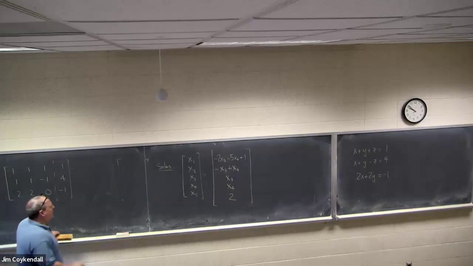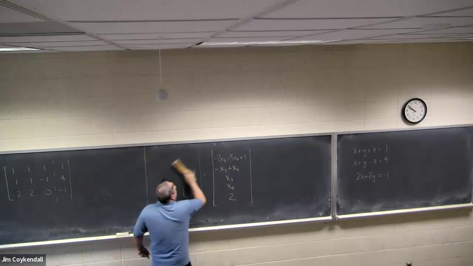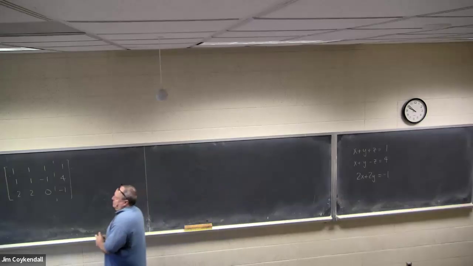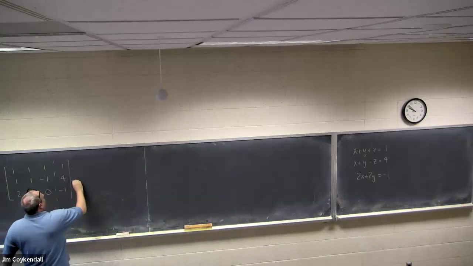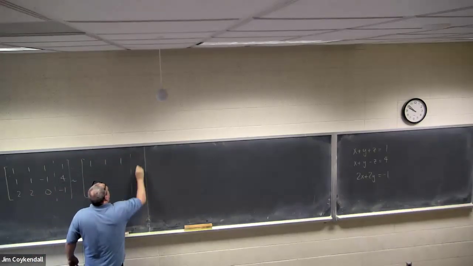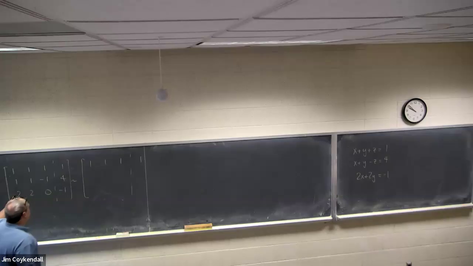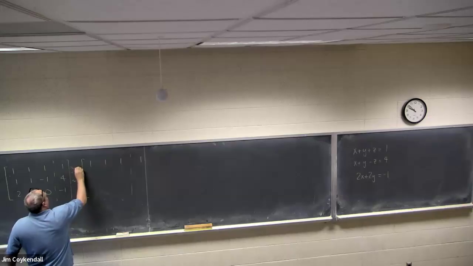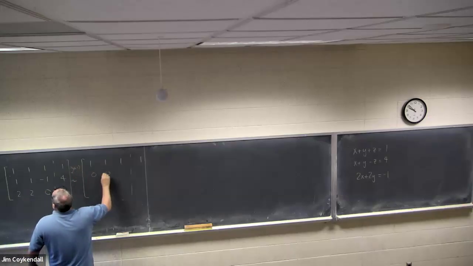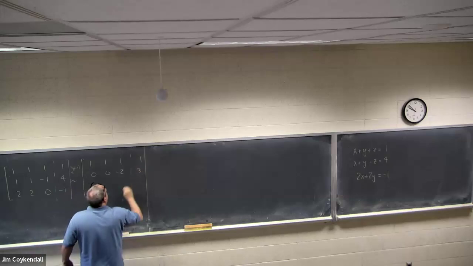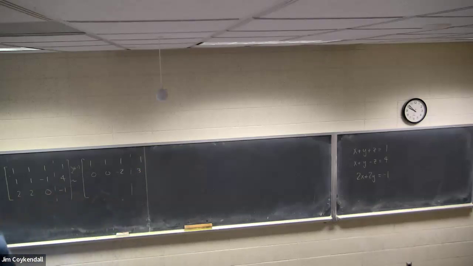Well, let's go about our business and try to see what we can get. I'm going to leave the top row the same, but I'm going to use this 1 to take things out as I'm accustomed to. Multiply this by negative 1. I get 0, 0, minus 2, 3.